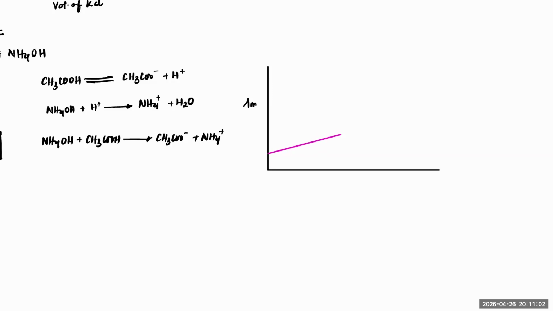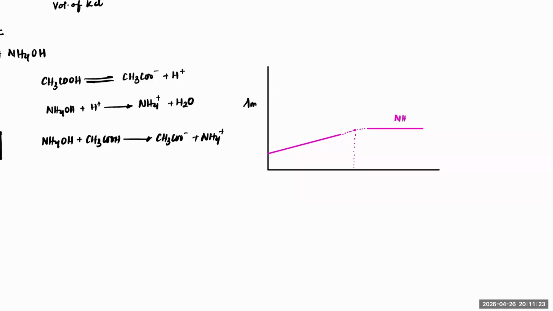It will reach a sharp end point here, and from there slowly you will see hardly much of a difference thereafter, because you will see NH4OH is present after that, and NH4OH is unionized, correct? Because it is unionized, it will be almost constant.